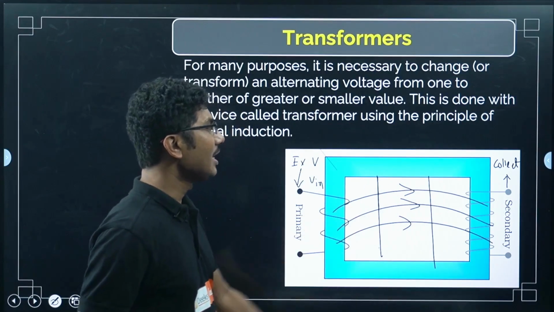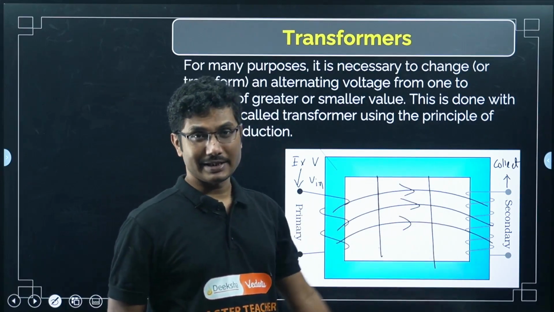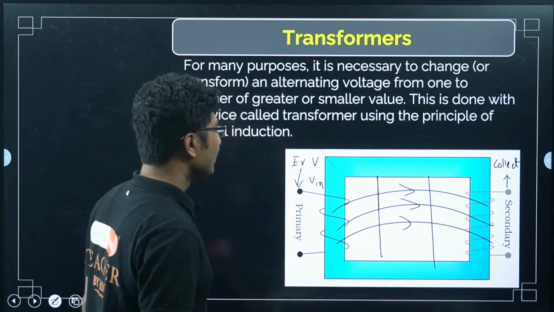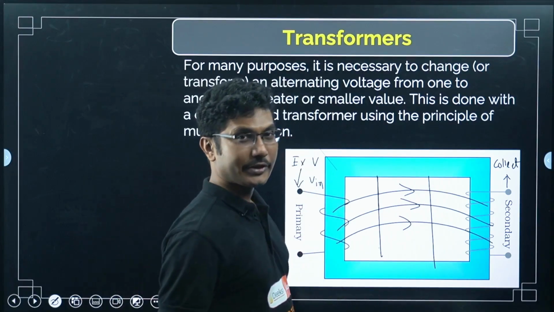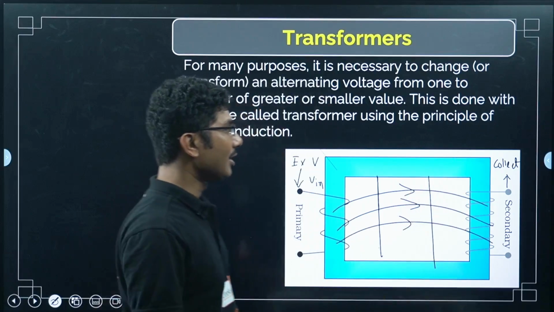Magnetic field changing means the flux linked with the secondary is changing, which means there is an induced current. So whenever you change the current associated with the primary, there is a change in the current coming out of the secondary.